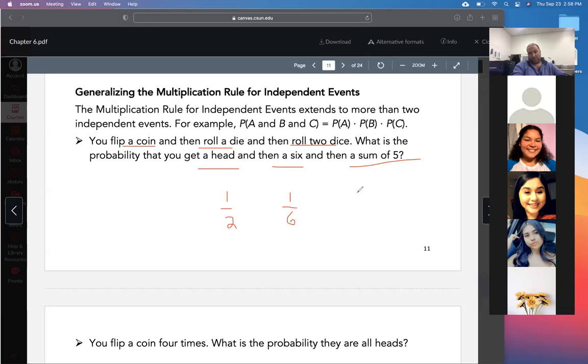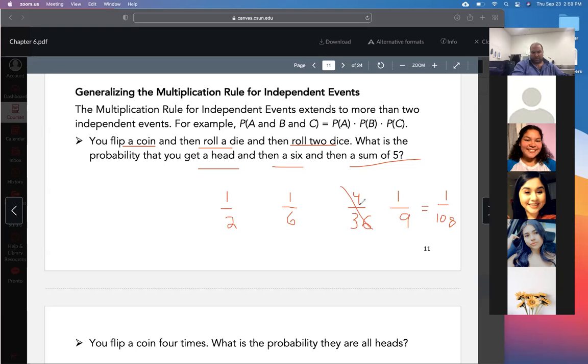Well, there's 36 outcomes, right? And there's 4 ways of getting a 5: 1 and 4, 2 and 3, 3 and 2, 4 and 1. So 4 out of 36, which becomes 1 out of 9. And then we get 1 out of 108.